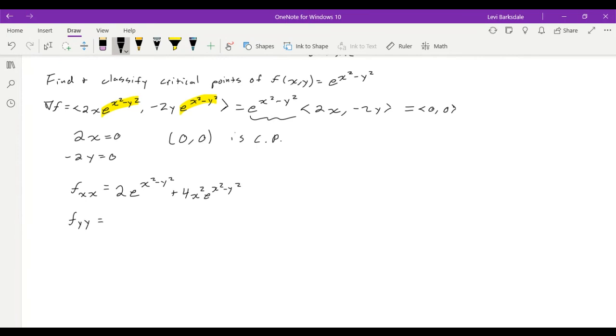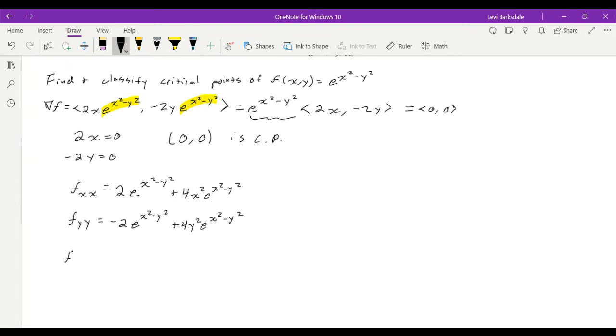Similarly, for our y derivative, we get negative 2e to the x squared minus y squared. This time we have plus, checking, yes, plus 4y squared e to the x squared minus y squared as our y derivative.